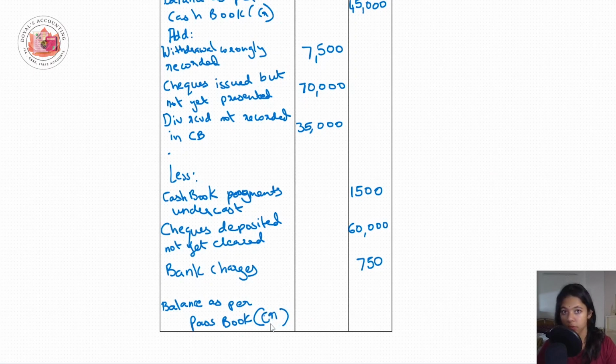So now you understood why only after calculating I will write whether it's a favorable or an unfavorable balance. 5,250.